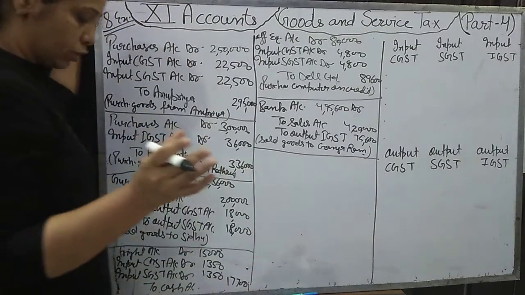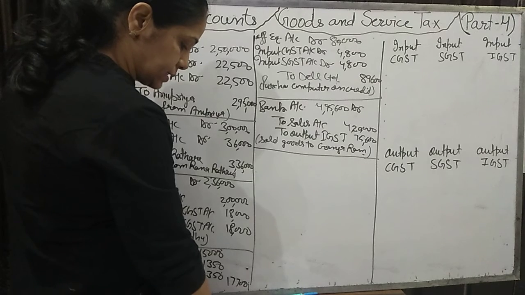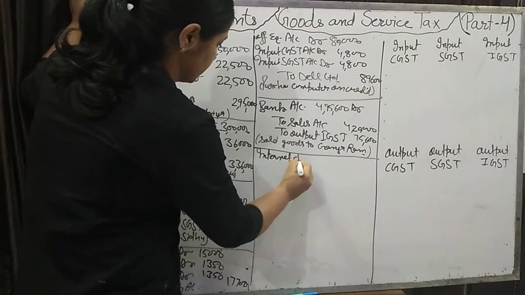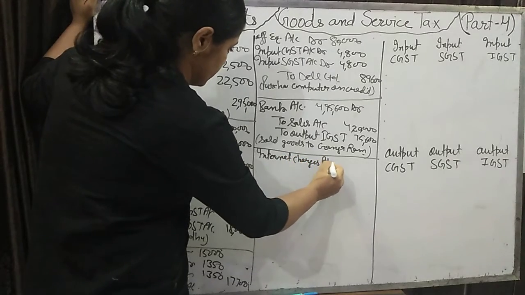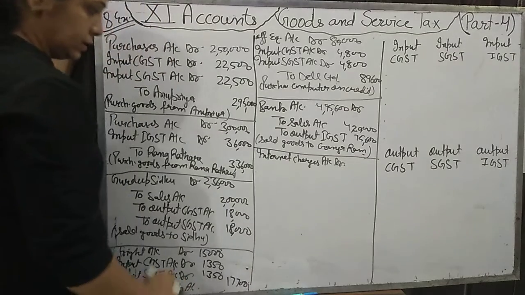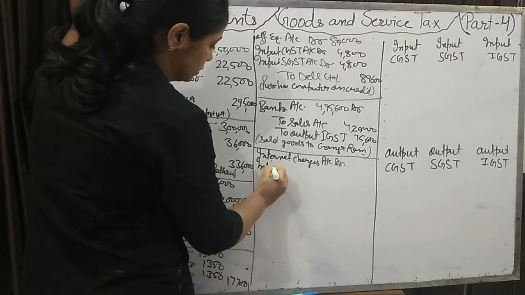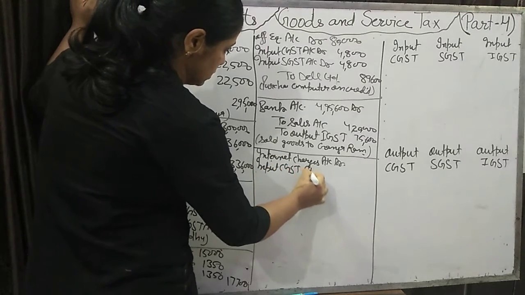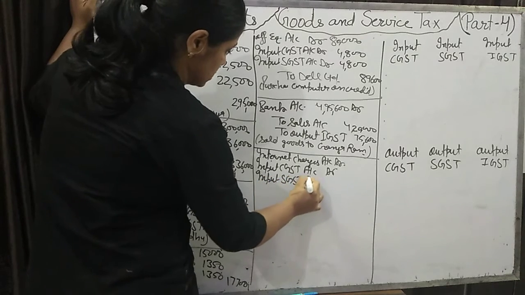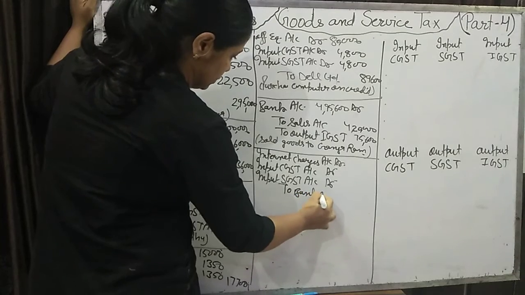Internet services of a broadband company have been taken for 10,000, and payment is made by cheque. Then you can write internet services or internet charges. Bank: we are paying by cheque and we will pay GST also with this. Then input CGST and input SGST account debit to bank account.